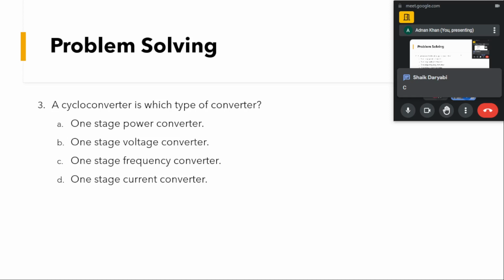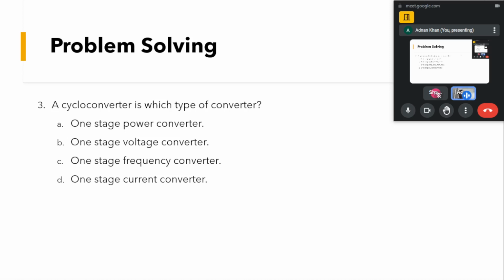Like I discussed, with the cycloconverter, if we are having a source with some frequency and we want at the output a variable AC with a variable frequency, that is, an AC waveform but with some other frequency, what we use is a cycloconverter.